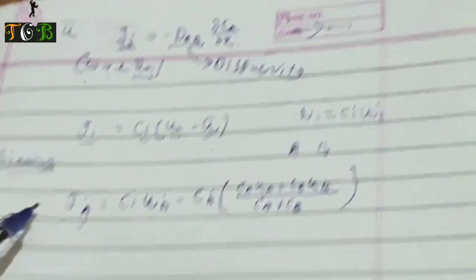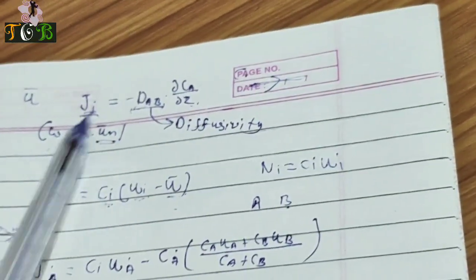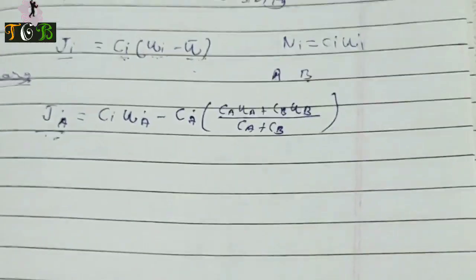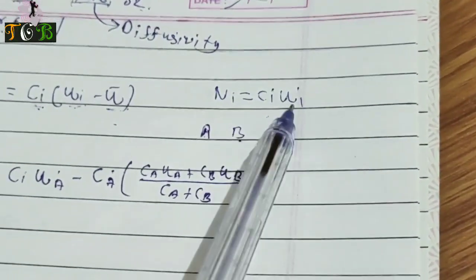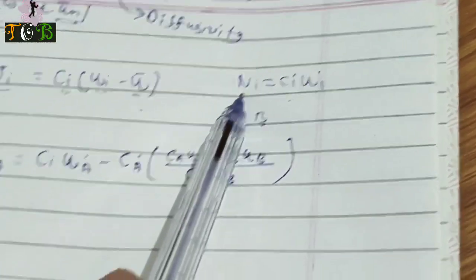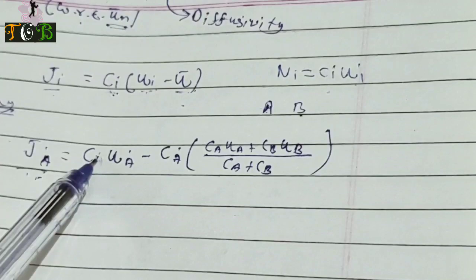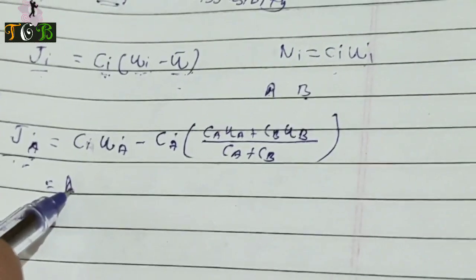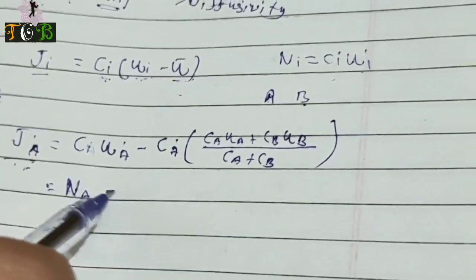This is defined by Fick's law. So what it says is that Ja will be equal to this expression. That's pretty easy. Now tell me what we have defined: Ci into ui will be Ni. So Ca into u will be Na, right? So it becomes just Na, minus.